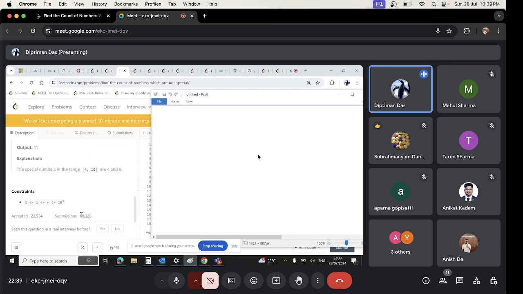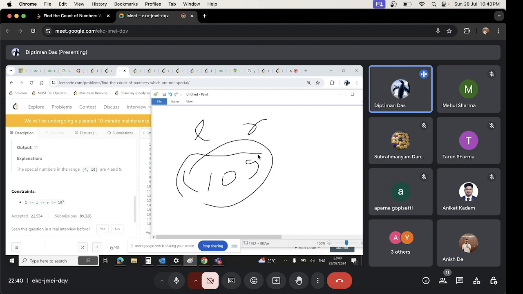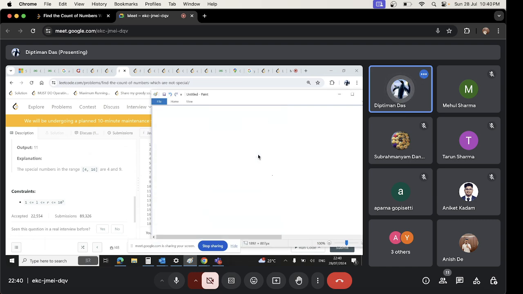Since L and R are in the range of 10 to the power 9, in the worst case it can be 10 to the power 9. So we can easily say that the square root is at most 10 to the power 5, so we will be checking the prime numbers up to 10 to the power 5.